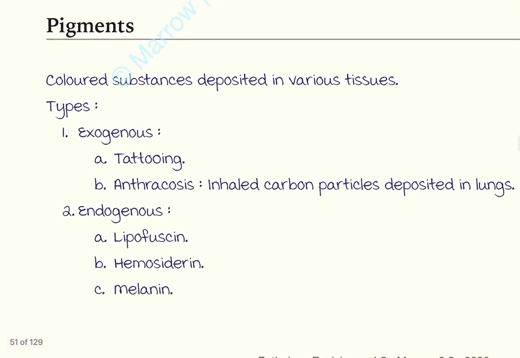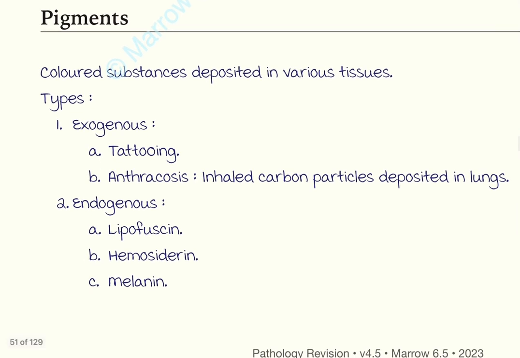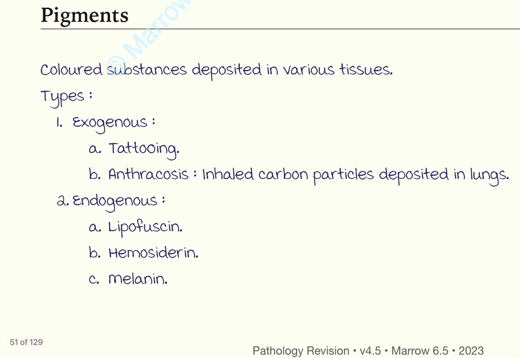Coming to various pigment deposition disorders, we have many pigments like lipofuscin, hemosiderin, okay, melanin deposition. So many pigments are there. So in pigment deposition, colored substances are getting deposited in various tissues, and that may be exogenous, may be endogenous.